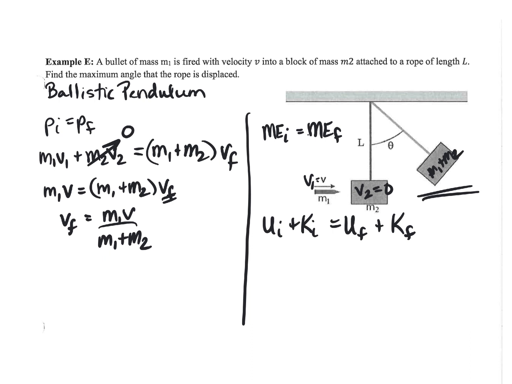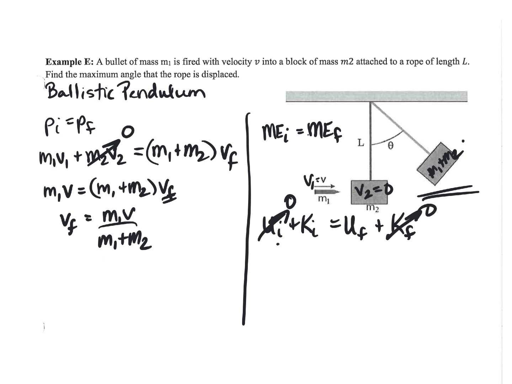Guys, we're looking at a block sitting here at the bottom end of a rope. Can we call that 0? So this is 0. It's going to be moving, isn't it? Final, it's going to come to a stop, right? Block goes up, comes to a stop. So this is 0.